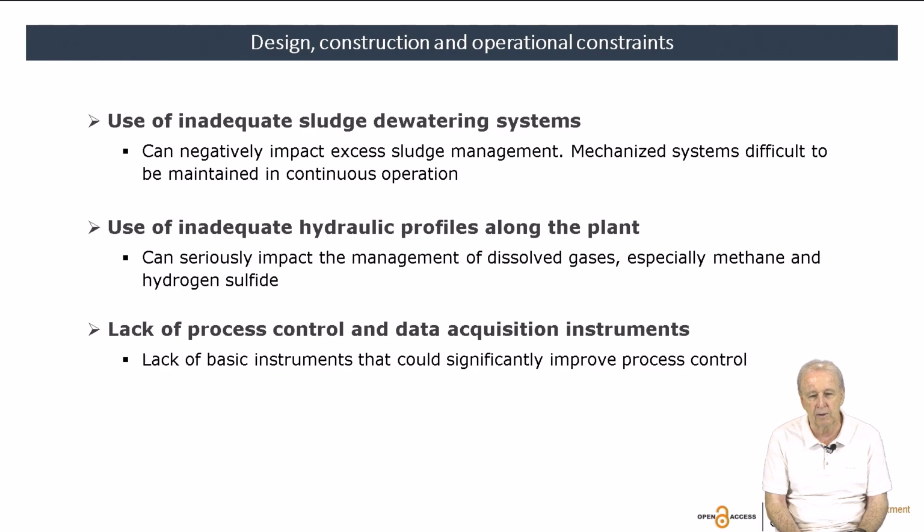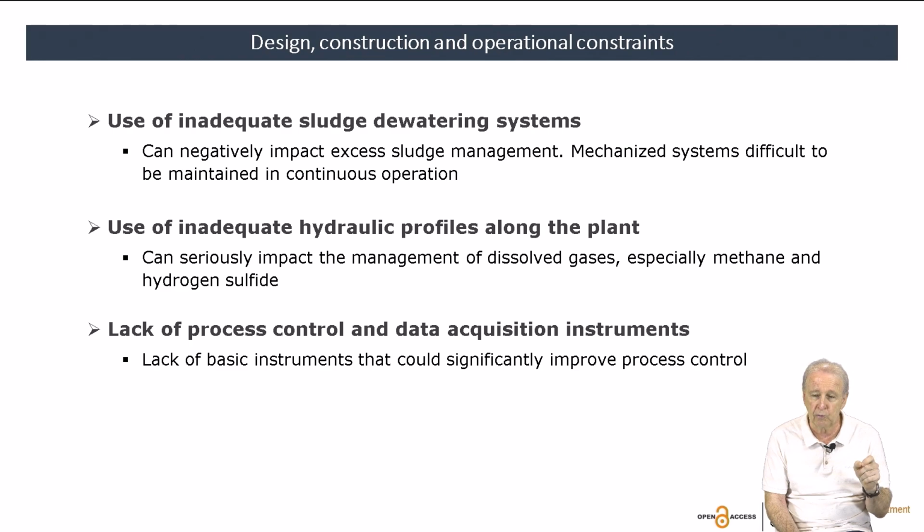Another constraint is the lack of process control and data acquisition instruments. And we know that the lack of these basic instruments can significantly impact the process control. I'll give just one example. For instance, to remove scum using the hydrostatic scum removal device that I showed in a previous slide, for each scum channel there is one valve outside the reactor.